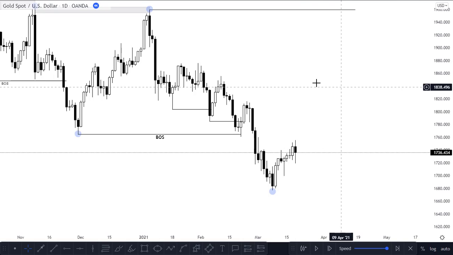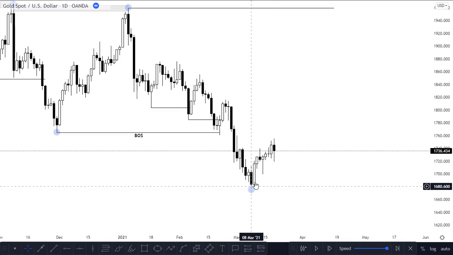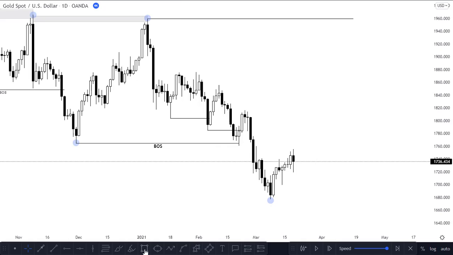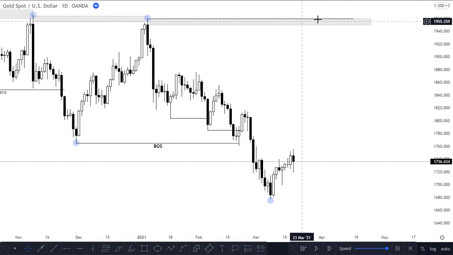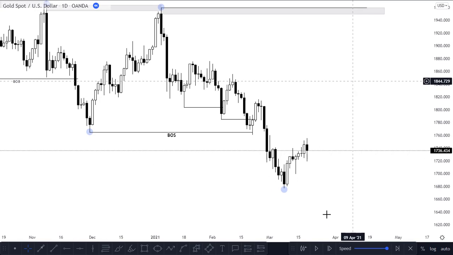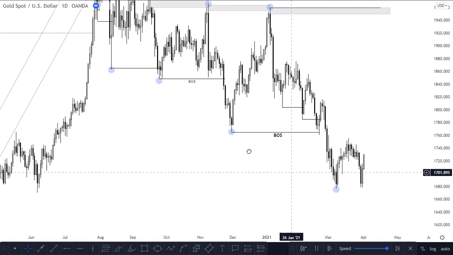So if we want to be bearish, gold would never break this high. Gold will never break our major liquidity. It will stop somewhere here or somewhere in this area, but it will never ever break the structure high.